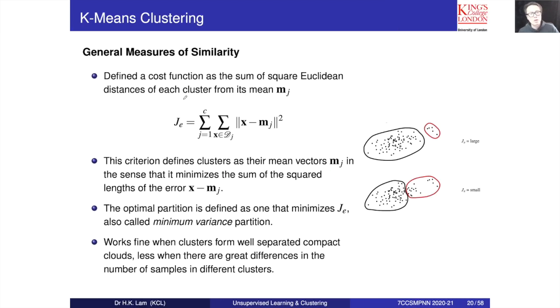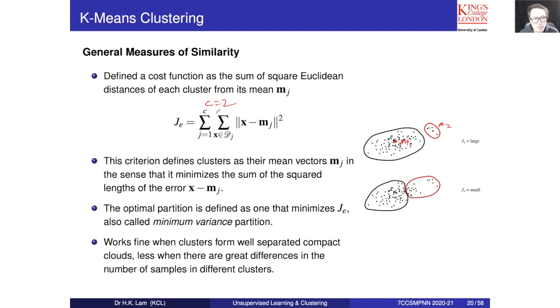Now, I'm going to point out some issues about k-means clustering. So when we have this data set, two groups right here, for example, this is M1, this is M2. So C is 2 in this case.